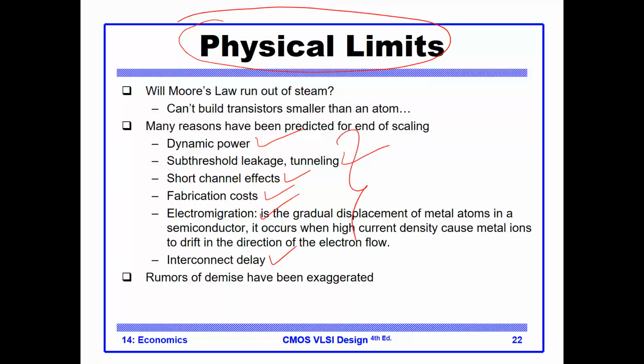But you know what? This is all exaggerated. Every time we manage to find solutions in every node of the technology. So there is a bit of exaggeration, good to hype people up to work on the solutions for the next generations.